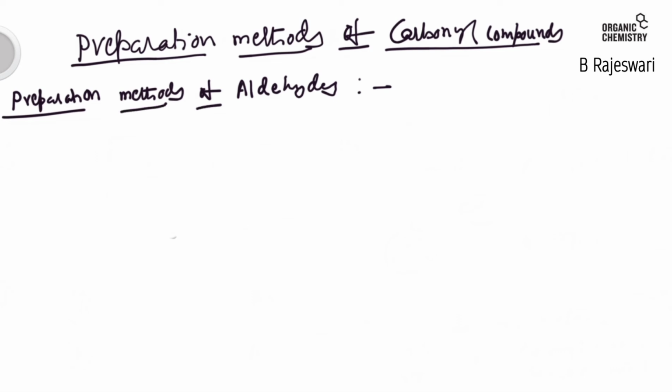There are a number of methods for the preparation of aldehydes and ketones, but only a few methods are in our syllabus. So let us discuss the preparation methods which are in our syllabus. The first method is Rosenmund reduction.